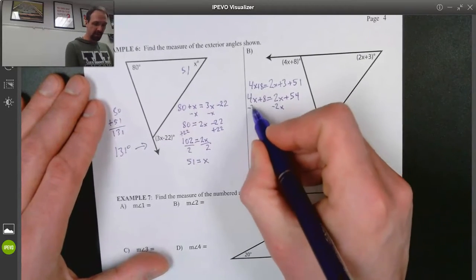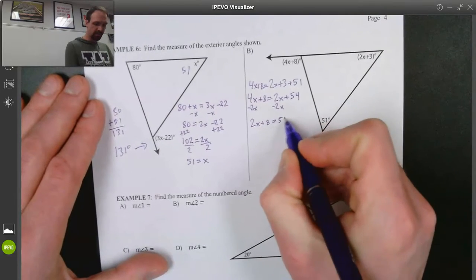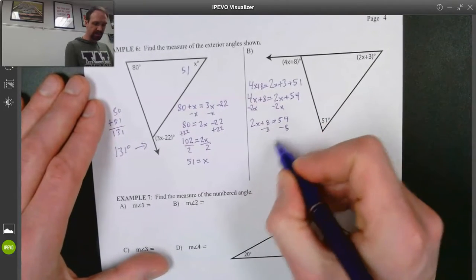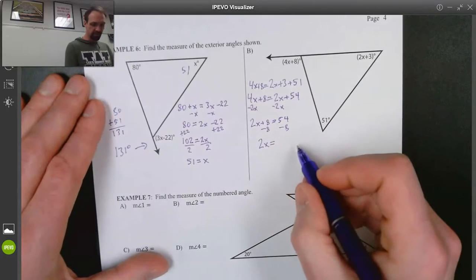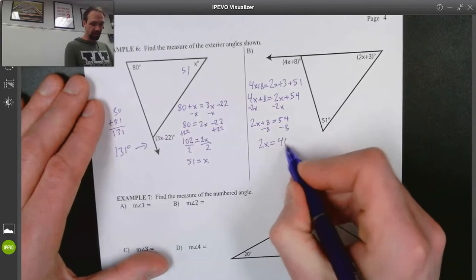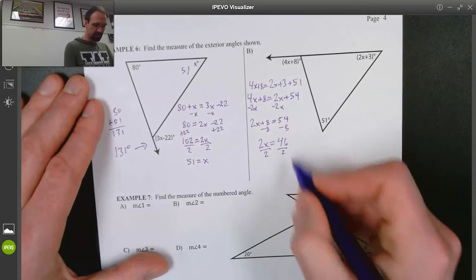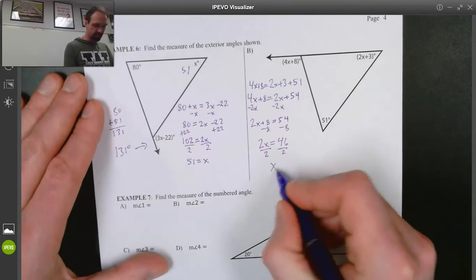Subtract 2x on both sides. I get 2x plus 8 equals 54. Minus 8. 2x equals 54 minus 8, 46. Divide by 2, and I get x equals 23.